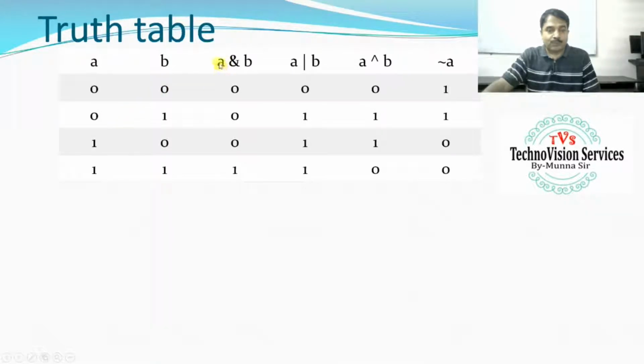So what does the truth table say? For bitwise AND, both values should be 1, otherwise the result will be 0. This is a shortcut to remember what the output will be. For the bitwise OR operator, only if both operand 1 and operand 2 are zeros will it produce 0. For the rest of the cases, the output will be 1.